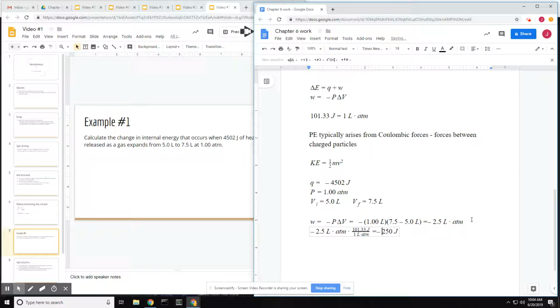I converted it and got negative 250 joules, so that I can just go back to this equation. So negative 4750 joules, so a lot of energy is released. That tends to be a pretty favorable reaction.